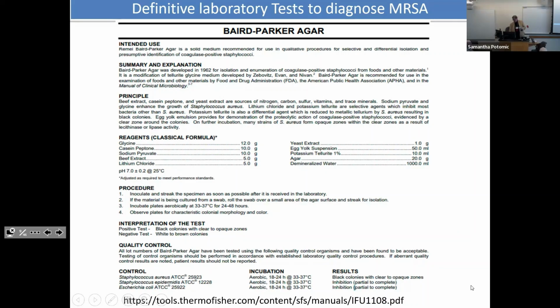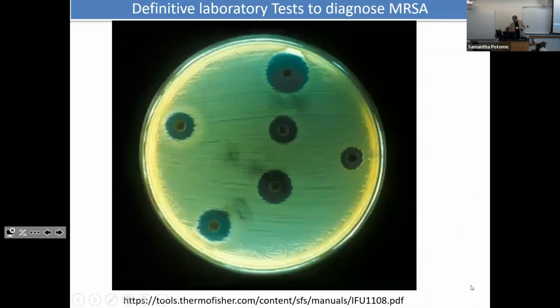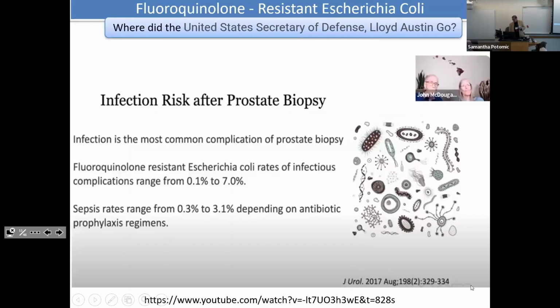So these are the Petri dishes and this is what you're looking at. Like I say, the areas of clear mean this antibiotic is working, and this antibiotic is working. So you're really in luck with more than two antibiotics that work. Today, you're very lucky.